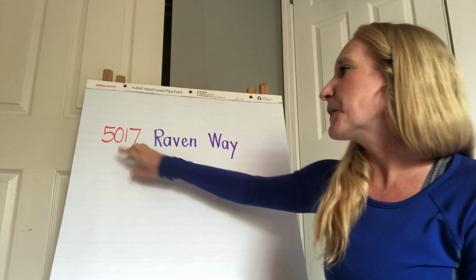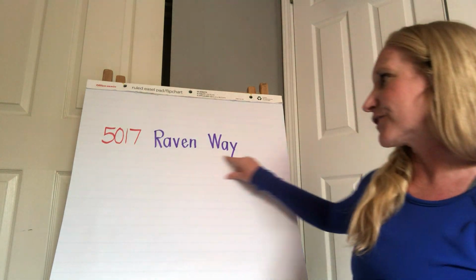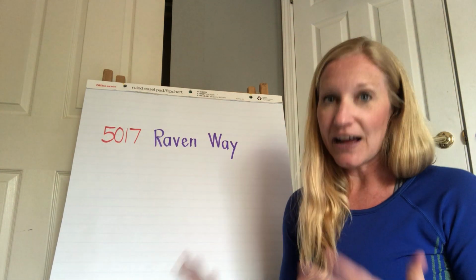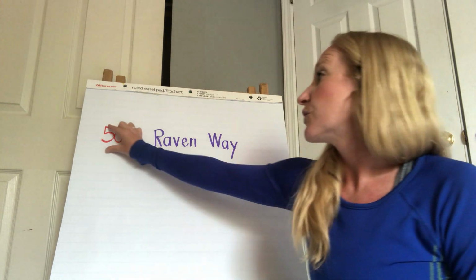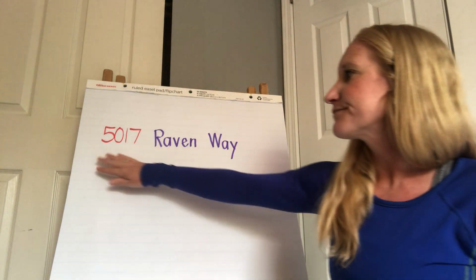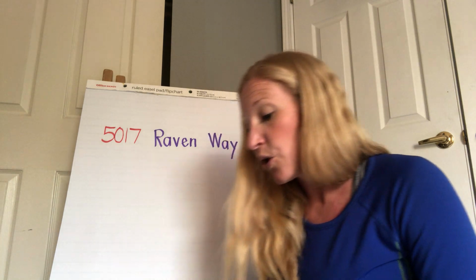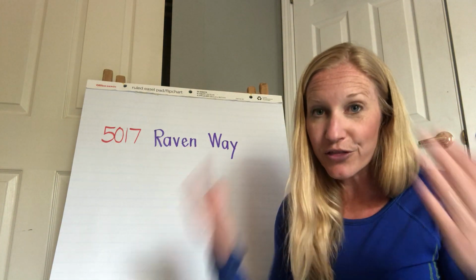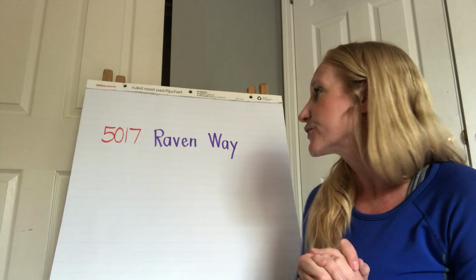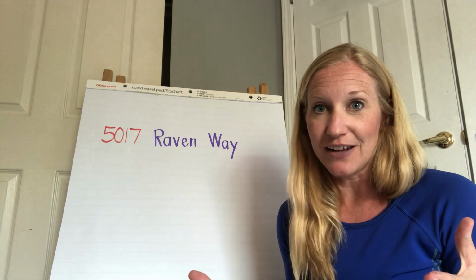So the next part of our address comes on another line, and all addresses are written this way. So this is on the first line, and on the second line, we have to tell the mail person where on earth we live. So first I need to say the town I live in.